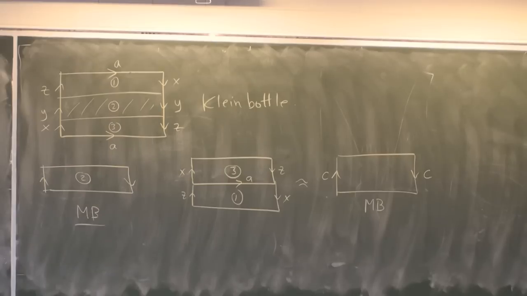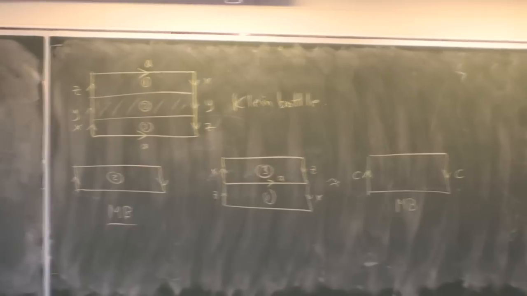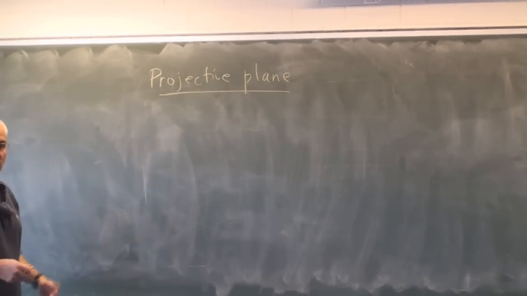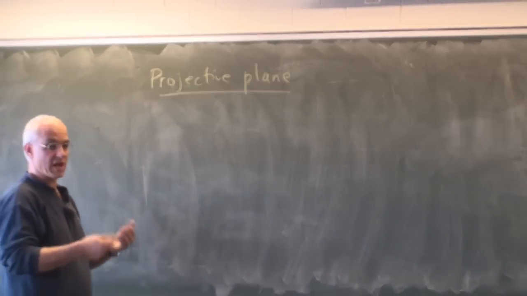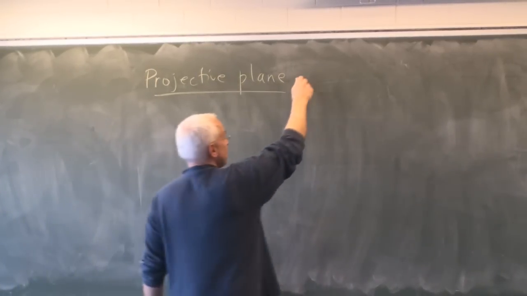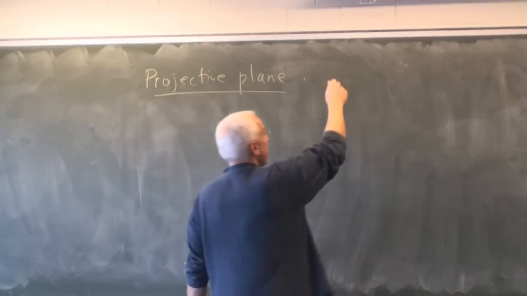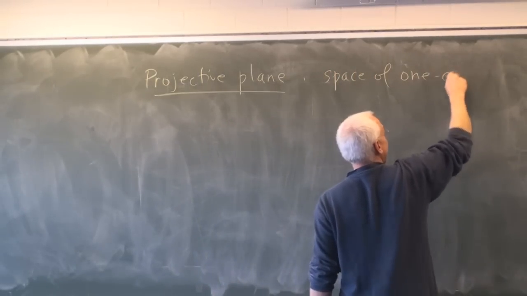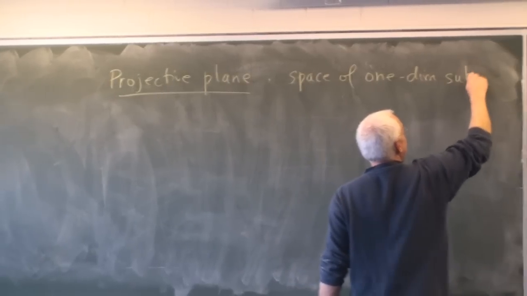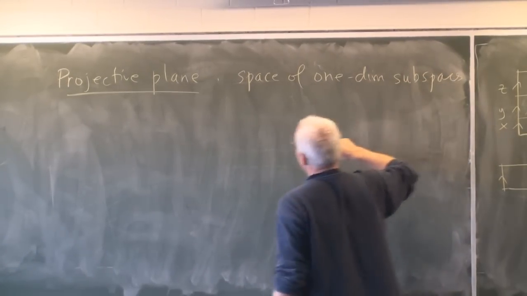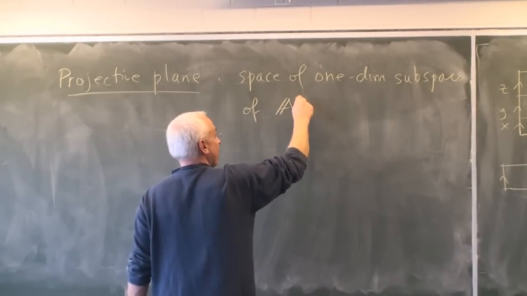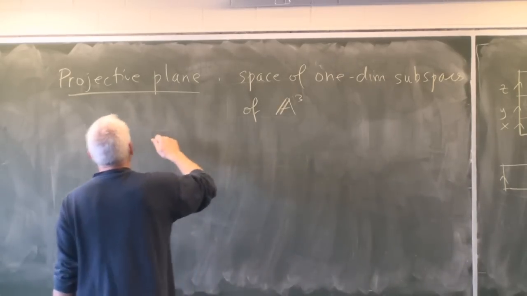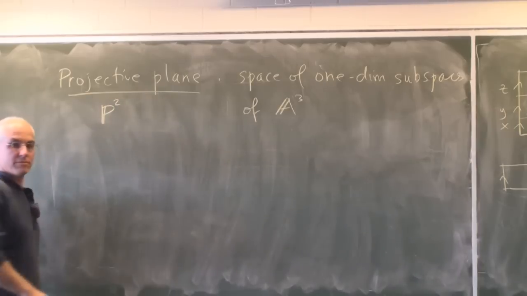The other important one is the projective plane. And this is just a direct two-dimensional analog of the projective line. So topologically, it just amounts to looking at the space of one-dimensional subspaces of a three-dimensional space. And we should give it a name, P2.